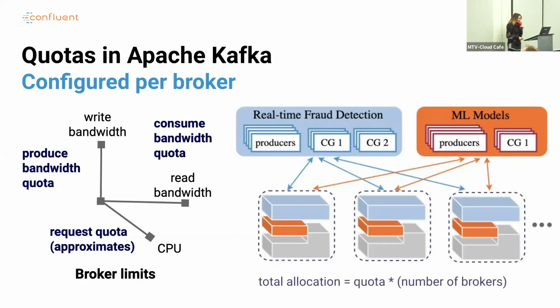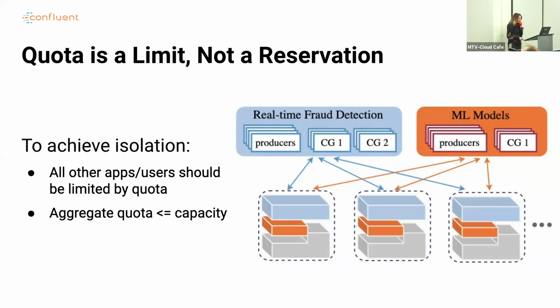I think it's important to repeat that a quota is a limit, not a reservation. Why is it important? If you want to protect your application, you don't just set a quota on it and think you are done.